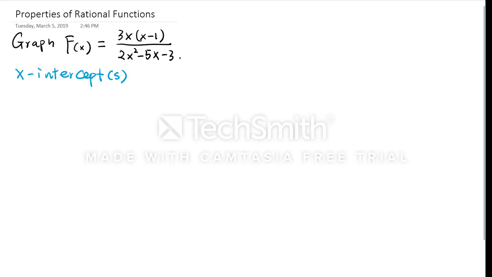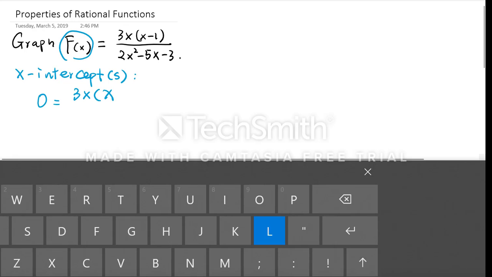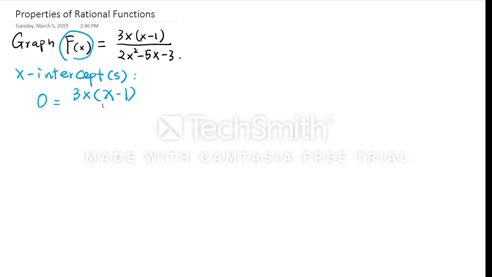Like we said before, to find the x-intercept, you want to make y equal to 0. Making y equal to 0, you will have 0 equals 3x times x minus 1 over 2x squared minus 5x minus 3.